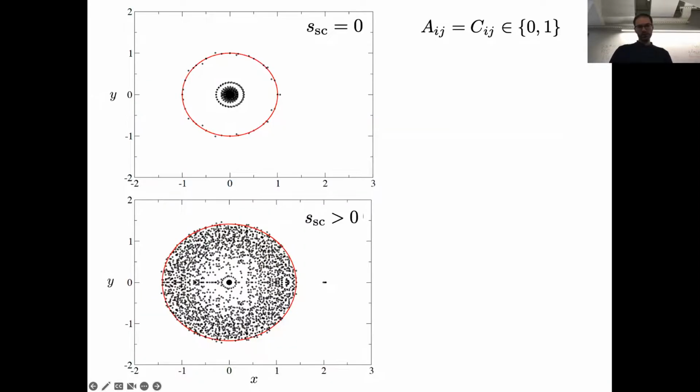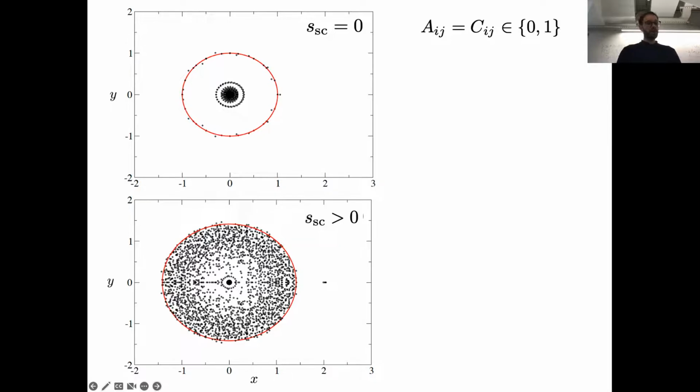So to give you some illustration of this, here we are below the percolation transition. And then if you diagonalize a couple of matrices, you see that this disk of eigenvalues does not exist. Instead, you have eigenvalues which are located on circles.